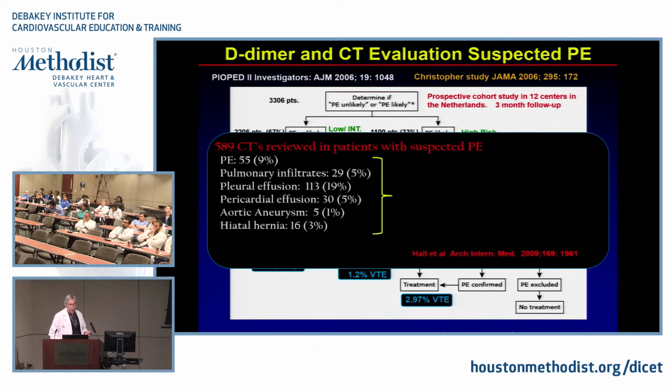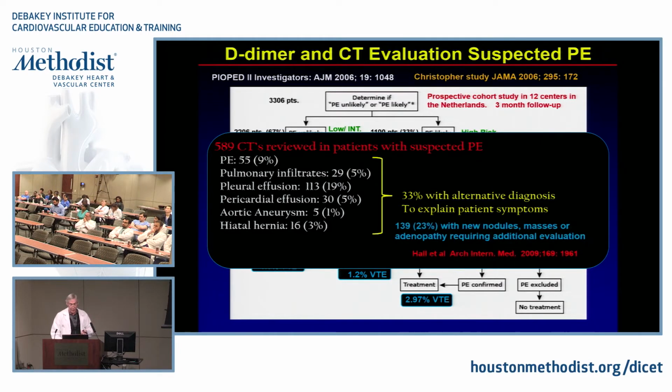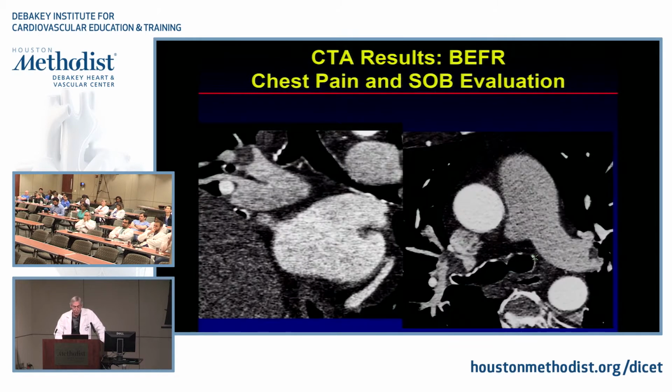In this particular study, 33% of patients had an alternative diagnosis to explain their symptoms beyond having pulmonary emboli. So CT picks up a lot of different things. And in this study also, 23% of patients had new nodules, masses, or adenopathy that required further evaluation. So CT has now become pretty much the gold standard.